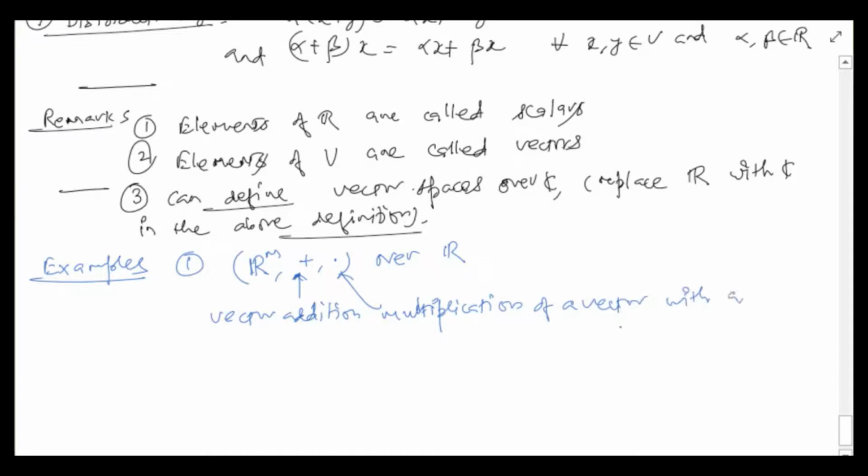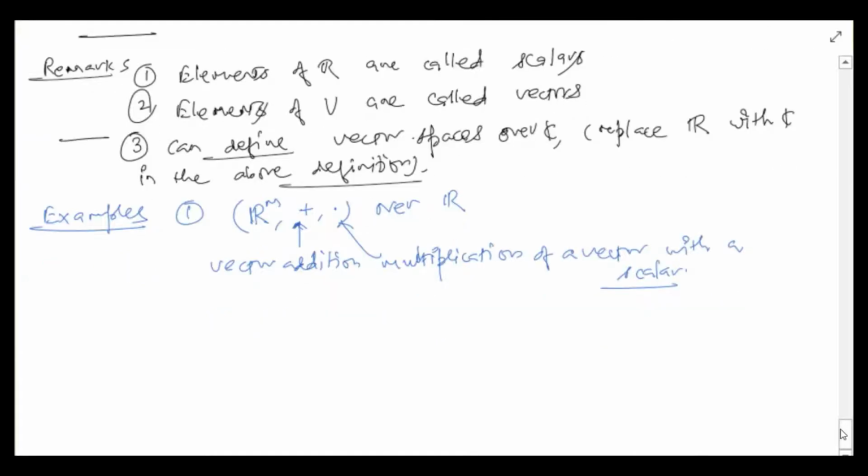Okay, so this is vector space. What is the additive identity here? It's a 0 vector of length m. This is additive identity. Okay, let's see a few more examples of vector spaces.